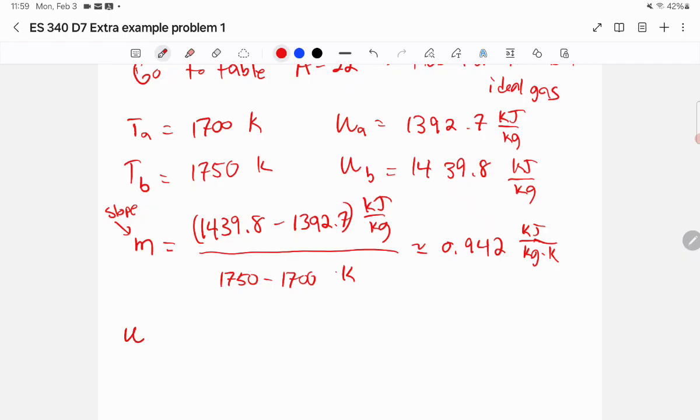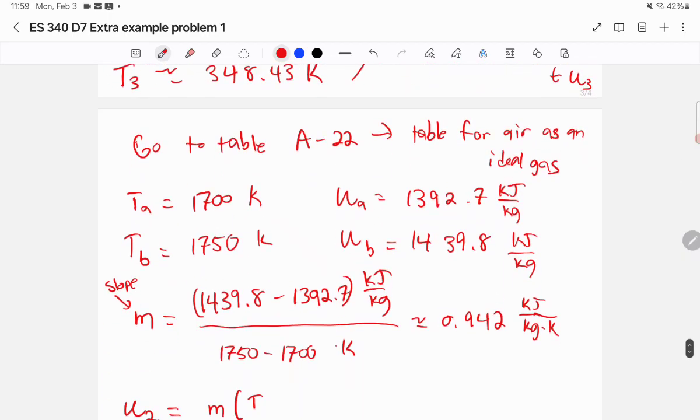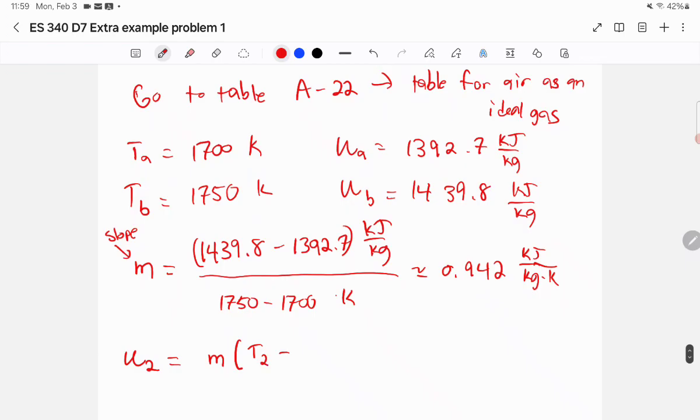And, of course, then U2, in this case, is going to be equal to, well, M times T2 here, because that was what I needed. T2 minus one of these, it doesn't matter which. I'll just do the TA here. Minus 1700 plus the value that goes along with that, which is 1392.7 kilojoules per kilogram.